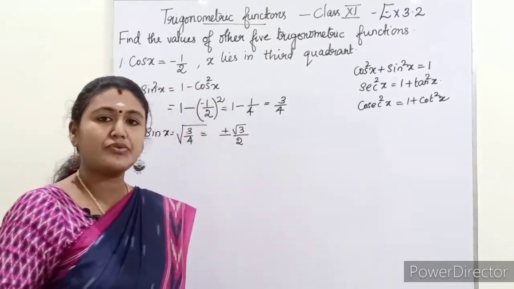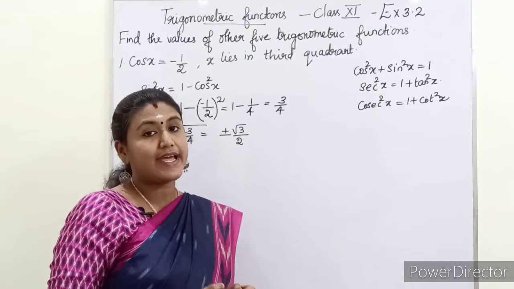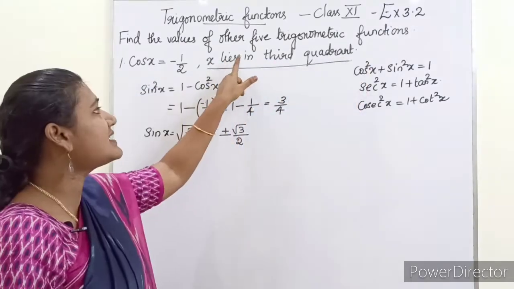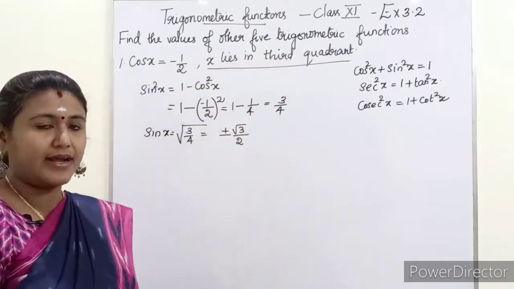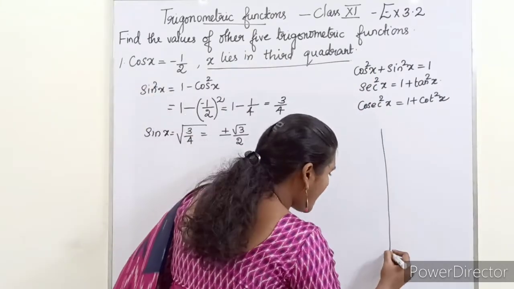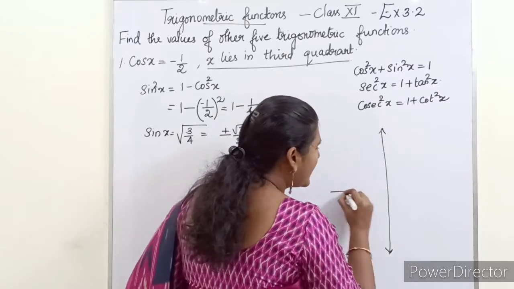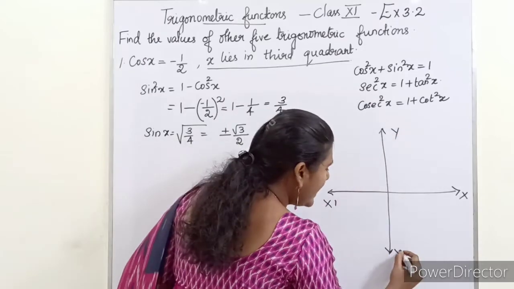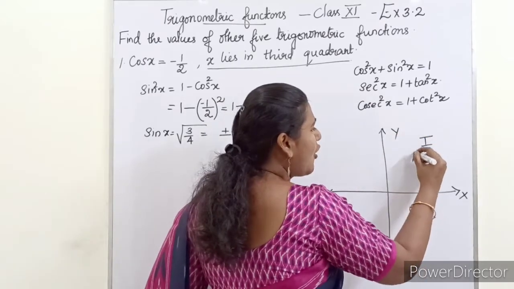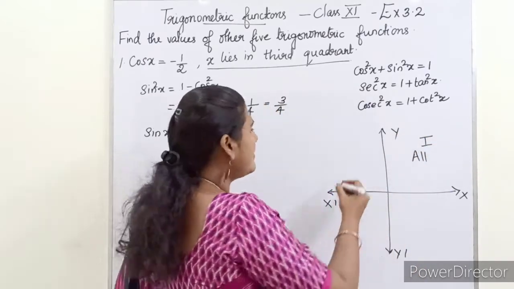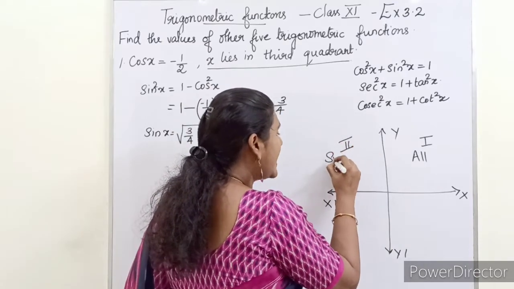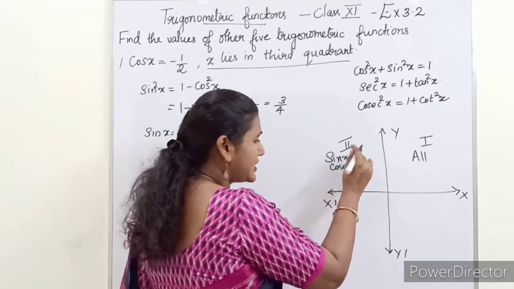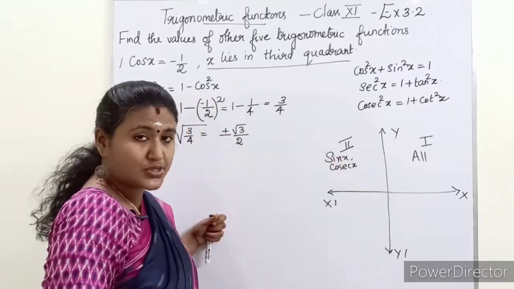So out of these 2 values, which value will you take for sin x? For that only this condition is given, that x lies in the third quadrant. We have already seen the sign of trigonometric functions in different quadrants. In the first quadrant all trigonometric ratios are positive, and in the second quadrant sin x and its reciprocal cosec x are positive, the other trigonometric ratios are negative.